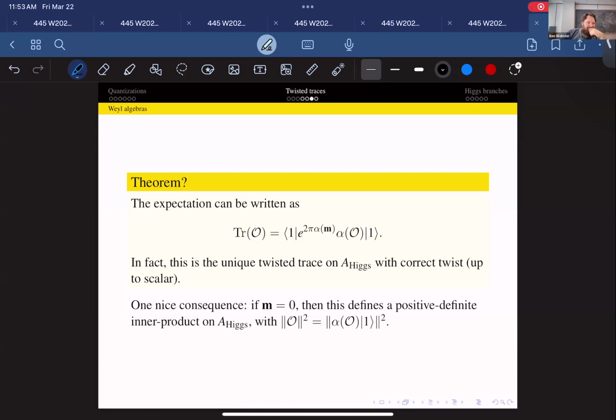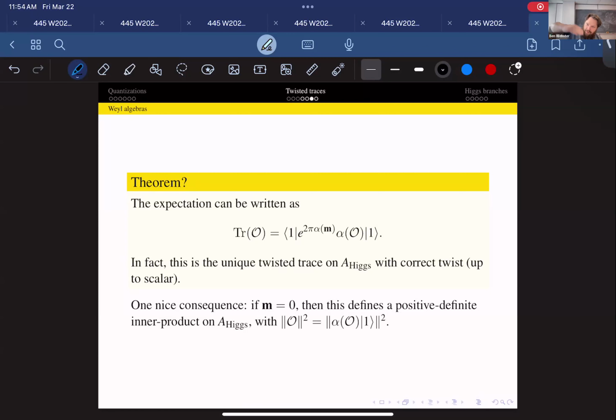Yeah, this is one of these things where morally, it really seems like it should work out, but I haven't had time to work out the details. It's a very common idea that you have, for example, simple representations of Lie groups, right? You can write them as quotients of Verma modules. And it's exactly that you have a pairing on the Verma module, which has a trace-y kind of flavor.